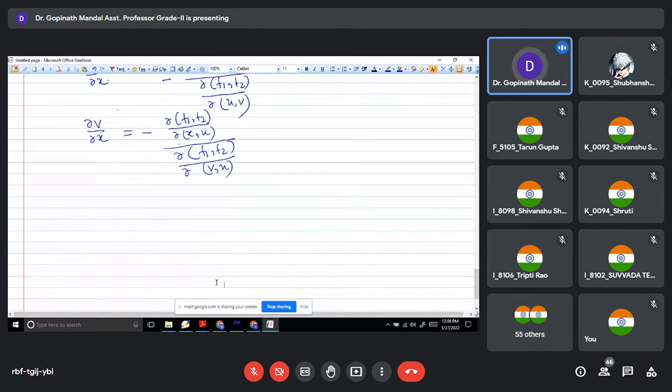For the case of three functions u, v, w and x, y, z variables, in that case del u del x will be minus of del f1 f2 f3 with respect to x, y, z.